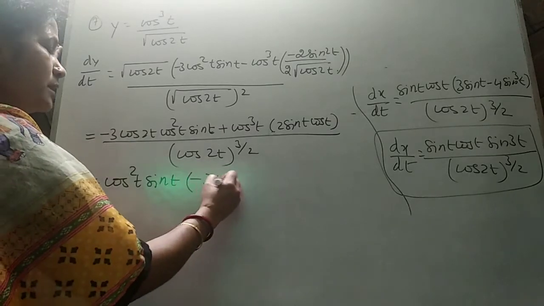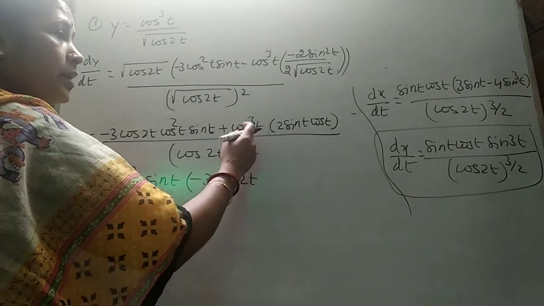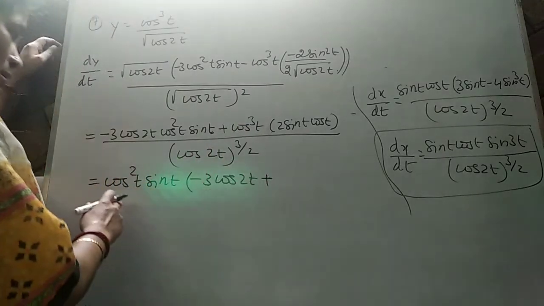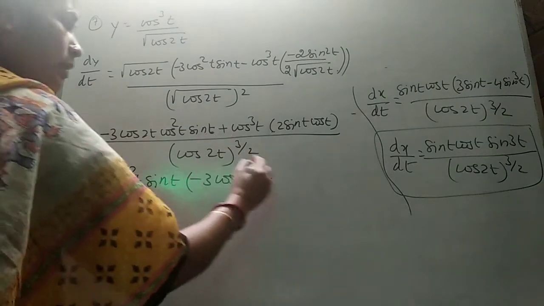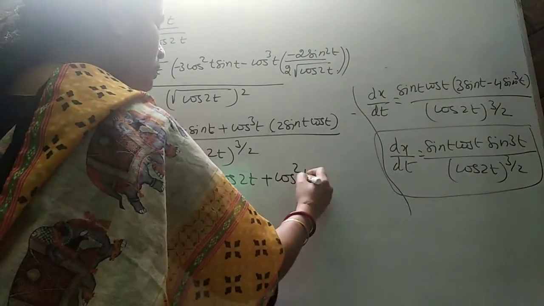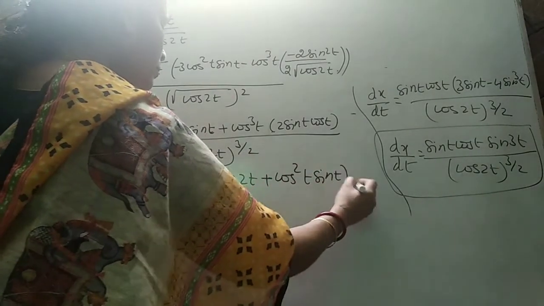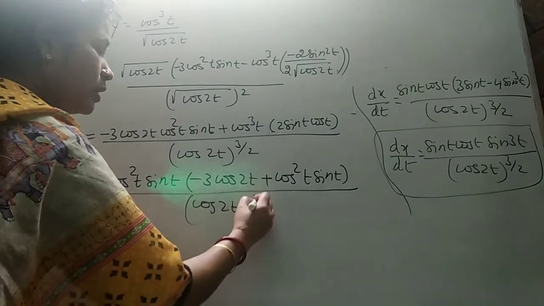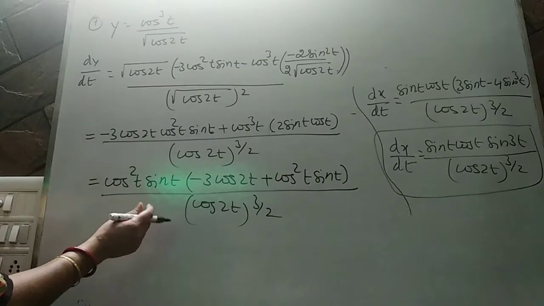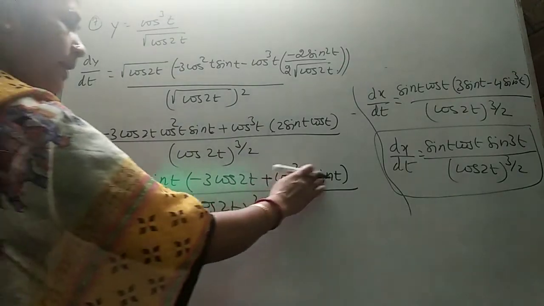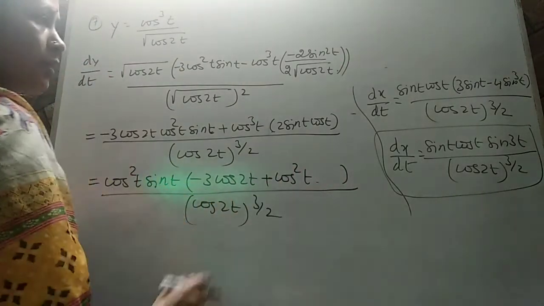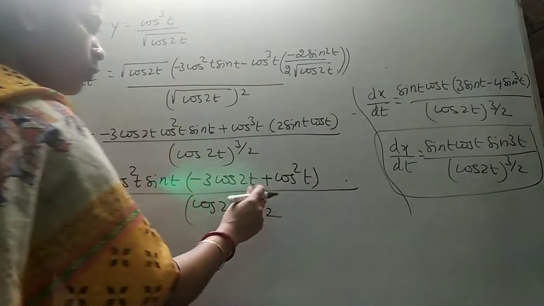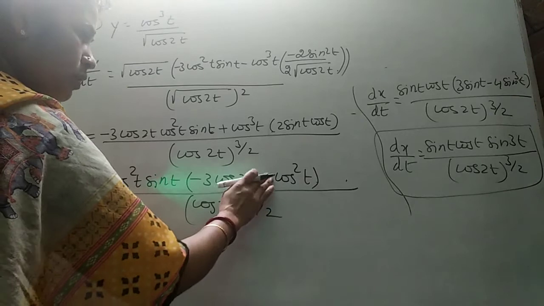Remaining we have minus 3 cos 2t, and then here we have taken cos square out. If we take cos square, then we will get cos square t into sin t. But you have to do it very carefully. So cos 2t whole power 3 by 2. Now sin t we have taken out. Listen to what I told you, 2 is also there.